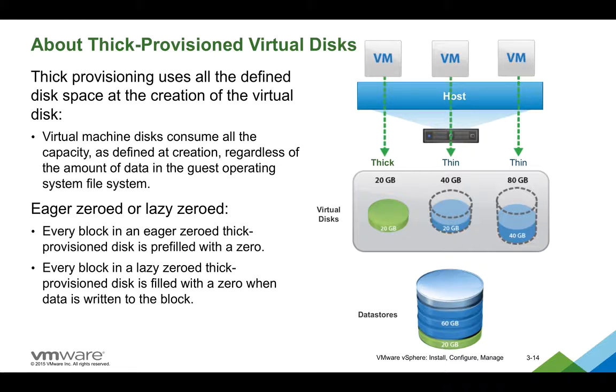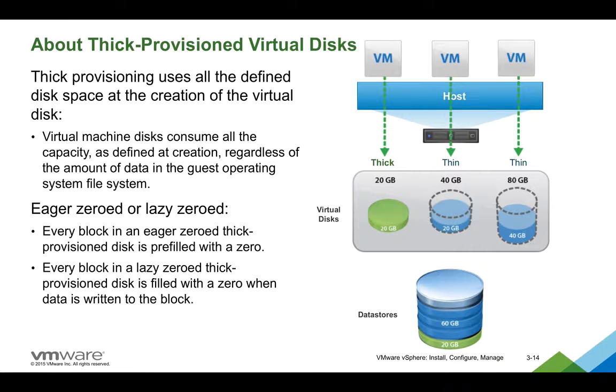Here we can see a representation of 3 virtual machines on a host. Each one has a virtual disk. One is thick provisioned. That's a 20 gigabyte thick provisioned disk. Then you have a 40 gigabyte thin provisioned disk and an 80 gigabyte thin provisioned disk as well.